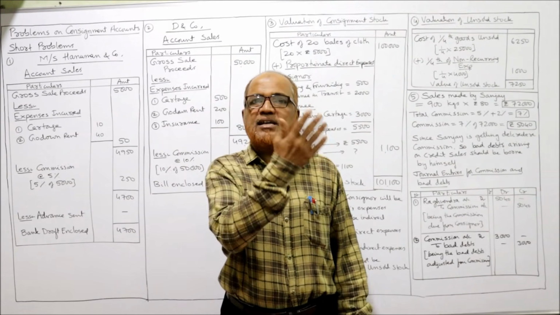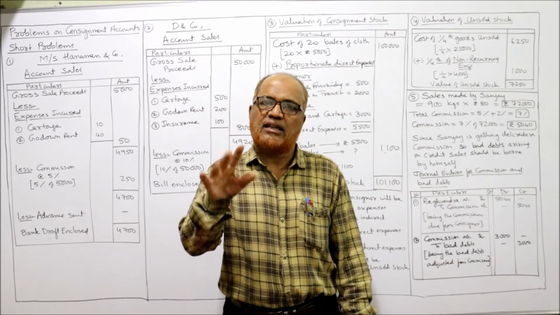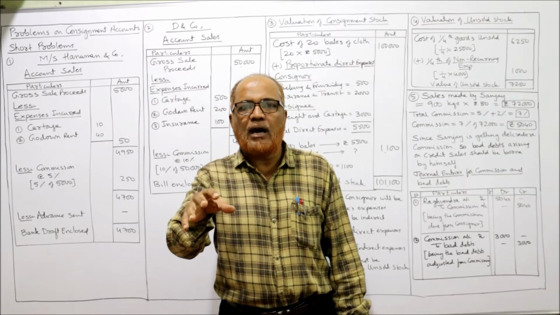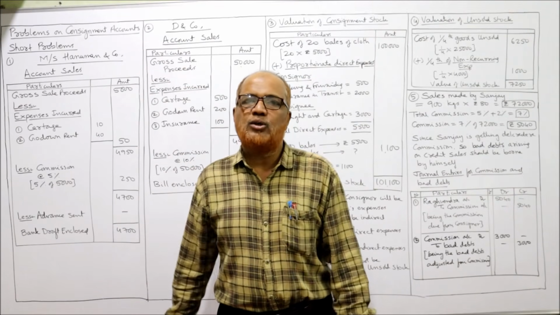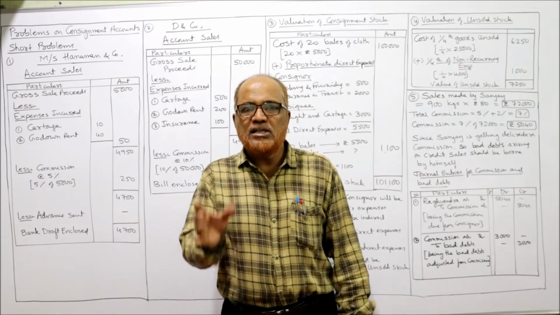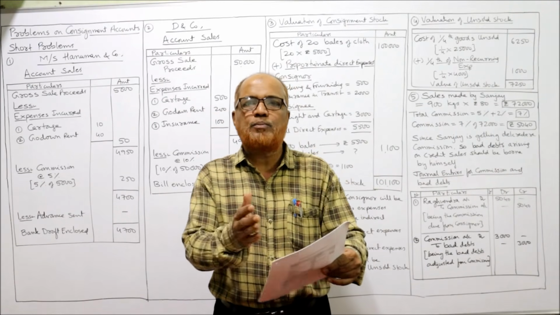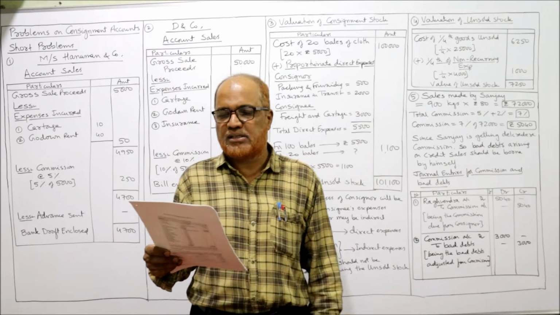If any advance he has already given to the consignor, that will be deducted. After deducting all, the remaining amount will be sent by the consignee to the consignor. So these are the details which will be disclosed in the account sales.